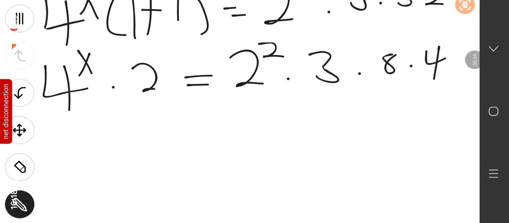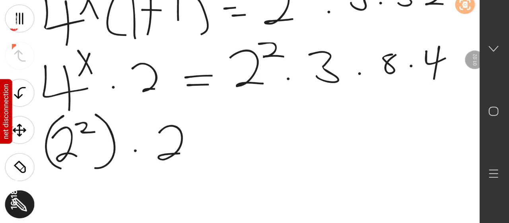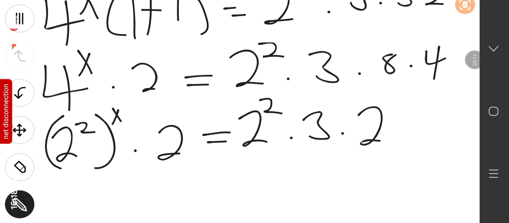Now 4 can be written as 2 exponent 2, so you have 2 exponent 2 multiplying x times 2 equals 2 exponent 2 times 3 times, now 8 can be written as 2 exponent 3, times 4 can be written as 2 exponent 2.